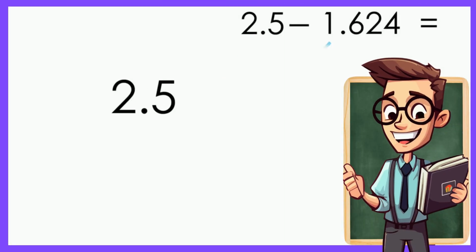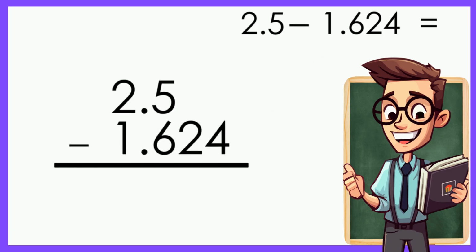Here we have 2.5 minus 1.624. Again, first step, rewrite the equation in vertical form and make sure to align the decimal point as well as the decimal places. Now before we forget, it is necessary for us to append 0 over here. Second, we subtract the numbers starting from the rightmost column. 0 minus 4 cannot be subtracted, so we need to borrow from 0.